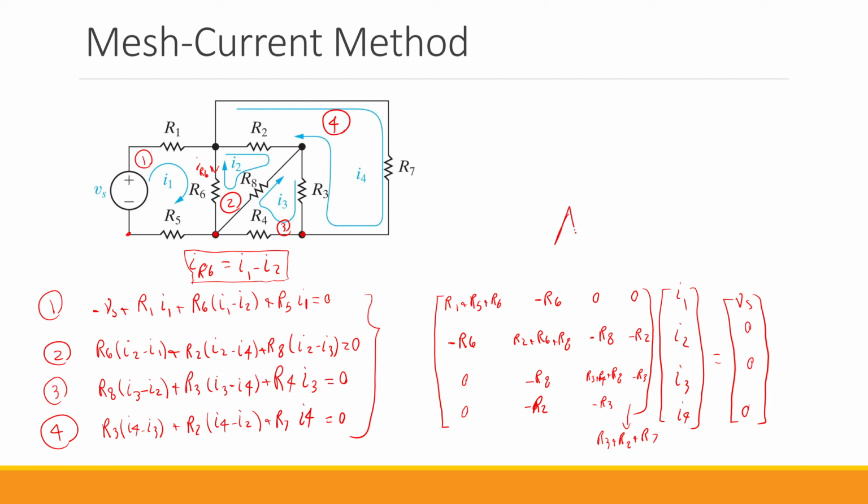So this is AX equals Y. If you want to solve it as a linear equation in the form of AX equals Y, these are going to be the coefficients for these linear equations.